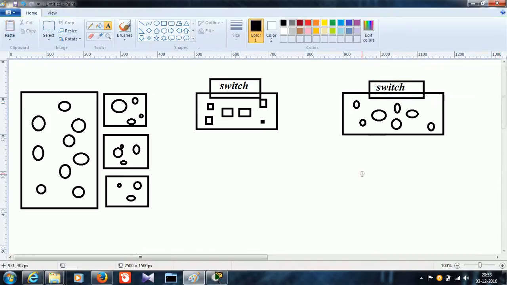So these two switches will be connected to a device called a router. The router's job is to help in networking, to make the communication happen from one network to a different network. Here, one network means this is first standard and this is second standard.